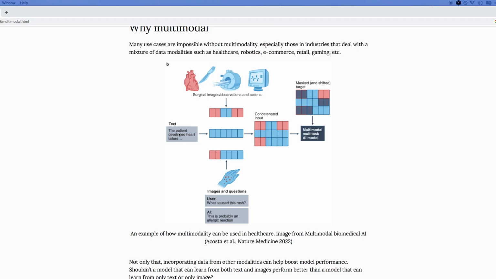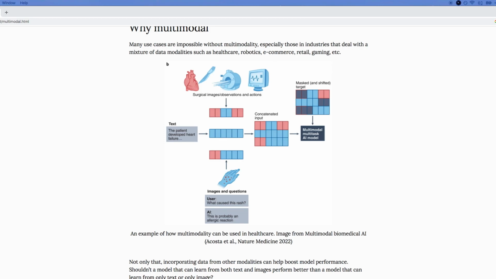So imagine we can combine all those together in one model and use that to help with diagnosis, to help with prescriptive analysis. How useful and how revolutionary that would be in the healthcare industry. So that's what this image is trying to illustrate. So let's get back to reading.